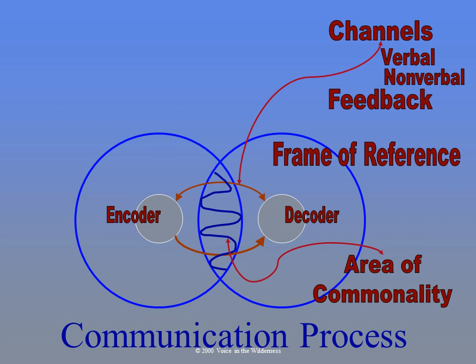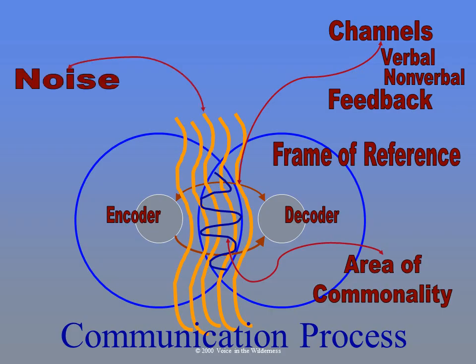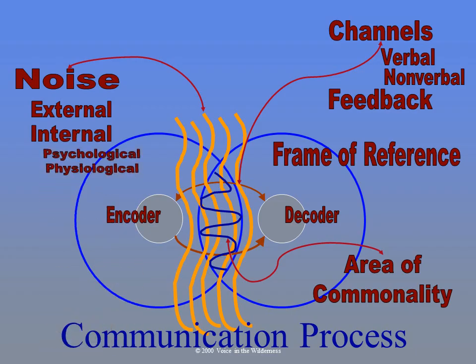If you remember the Tower of Babel story, their area of commonality was very large. And then noise interferes with communication. And we have two kinds of noise, external and internal. External, the sounds around us; internal, what's going on inside of us. Internal noise has two kinds.